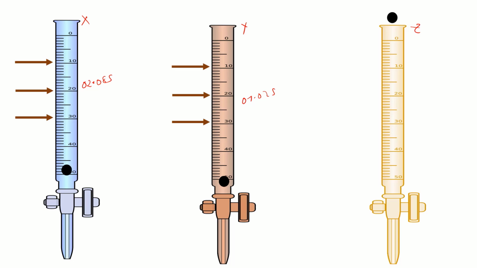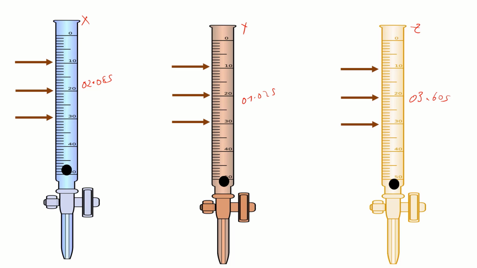Now let's go to the next. I hope you are timing. Now for Z. Let's time. As soon as it reaches 10, start the stopwatch. Okay, start. 30, stop. Okay, you have about 3.6 seconds.